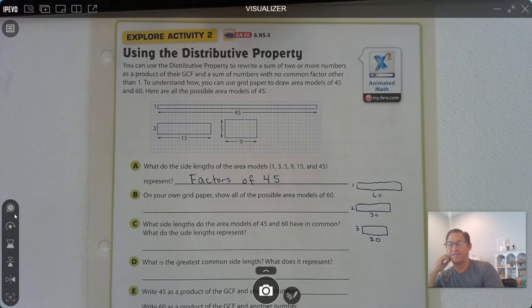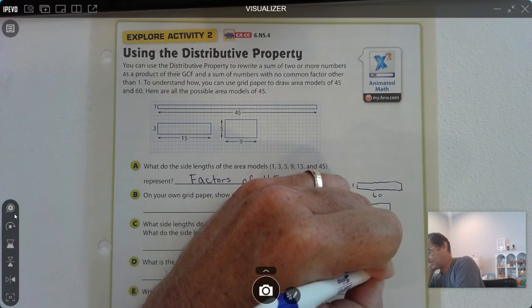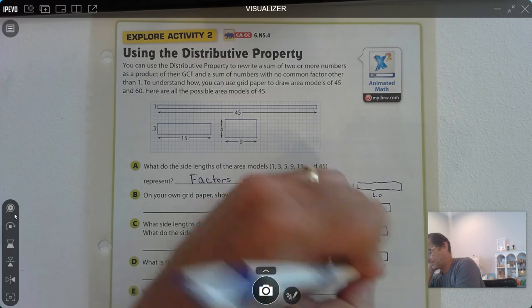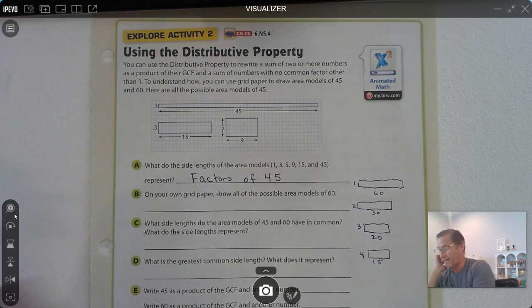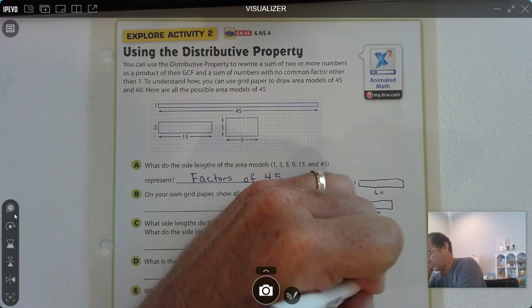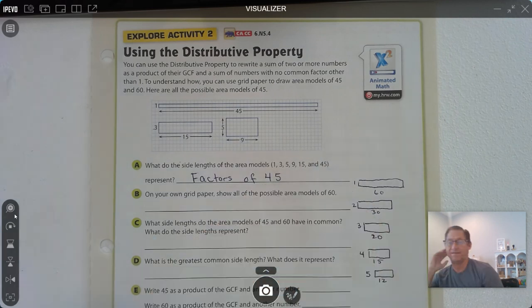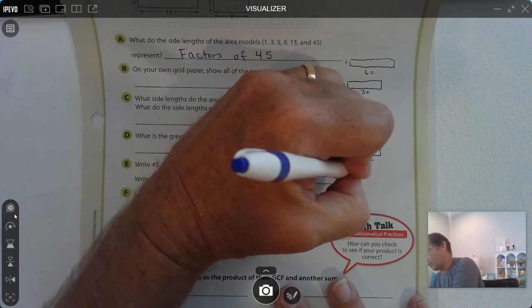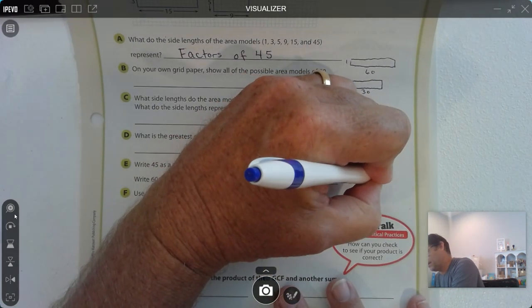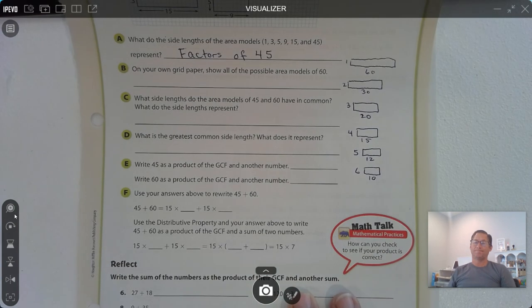Is 4 a factor of 60? Yes. 4 times 15 is 60. 5 will work because 60 ends in a 0. And that would be 5 times 12. 6 we know will work. 6 times 10. 7 will not work.